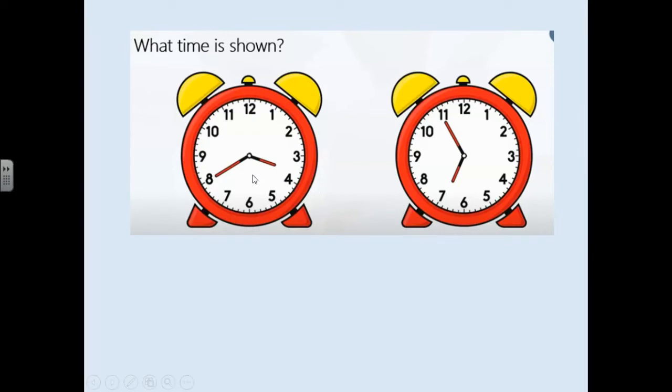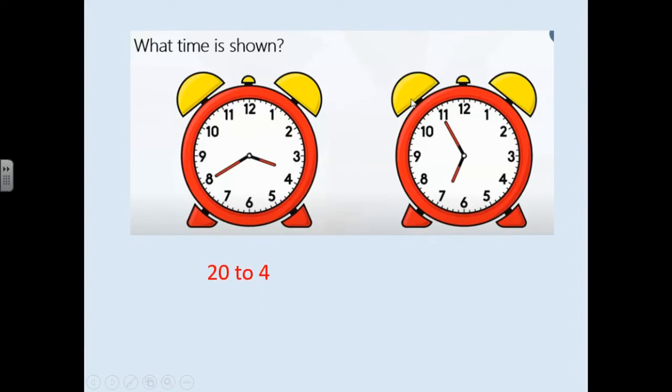So the minute hand's on 8, and we need to count in 5s how many minutes to the next hour. Do we need to count in 2s, 5s, or 10s? In 5s, that's right. So let's count in 5s all the way to the next hour. 5, 10, 15, 20. So it's 20 minutes to 4.